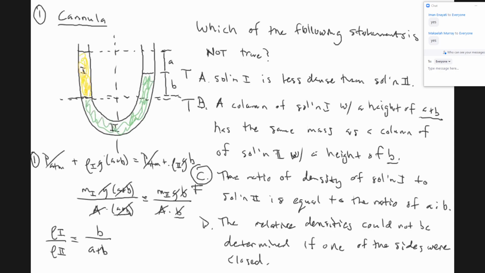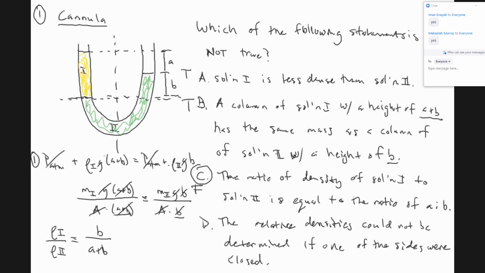I was asked to explain it again. All I did was solve for the ratios. I wanted to find density of solution 1 over density of solution 2 given equation number 1. So I would divide by gravity, which cancels out, then divide by A plus B, and then divide by density of solution 2. When I say divide, I mean divide both sides.